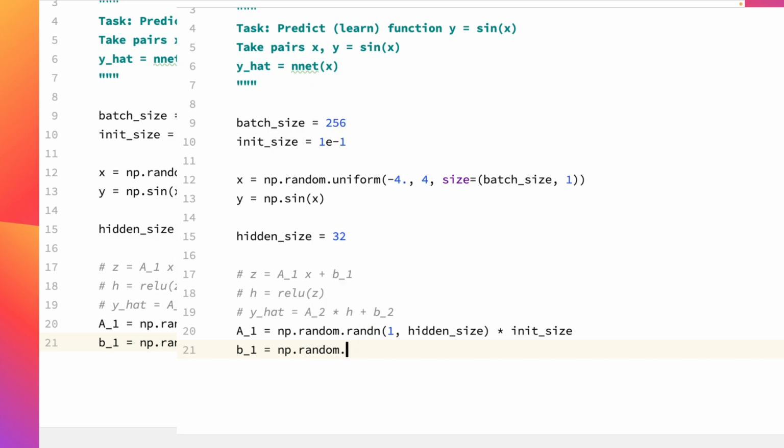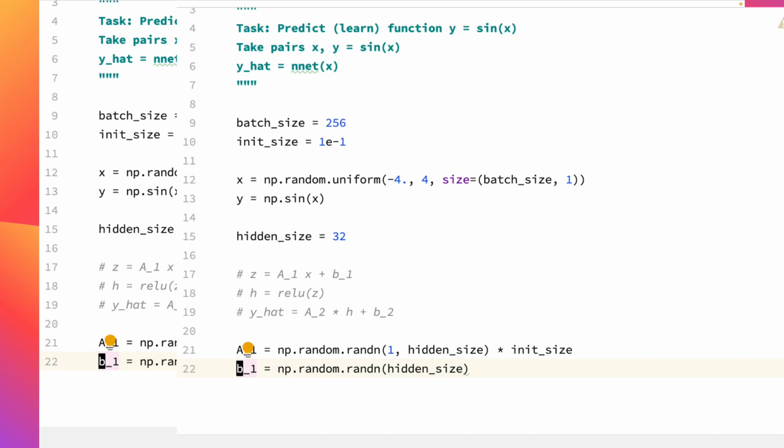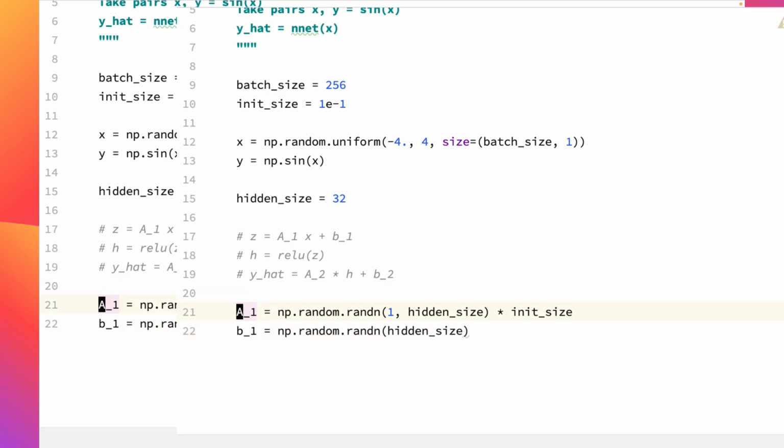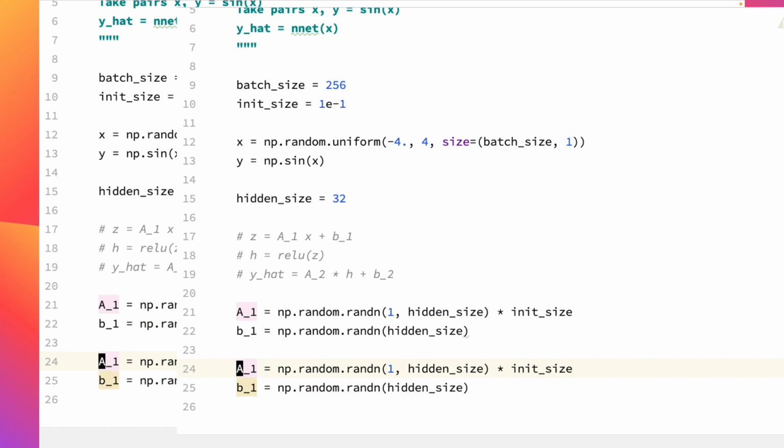Then b1 is the same thing but of size hidden size, because this will be 32, right? And then when it comes to a2 and b2, this will be hidden size by 1, and this will be just opposite.